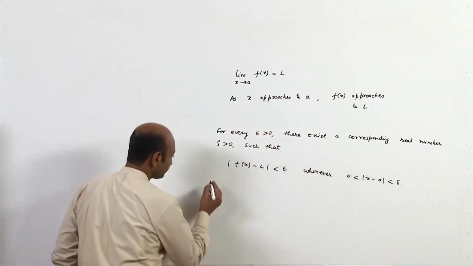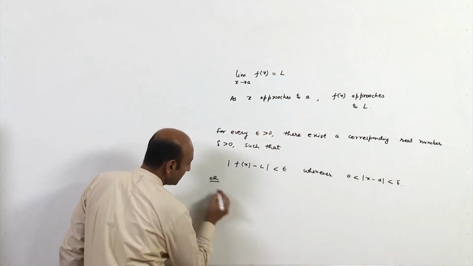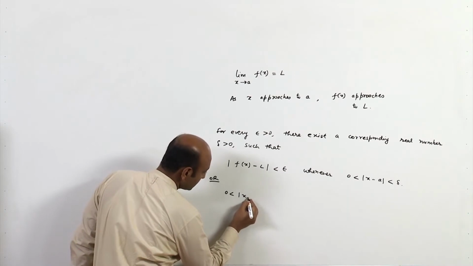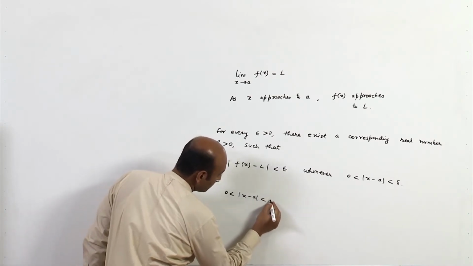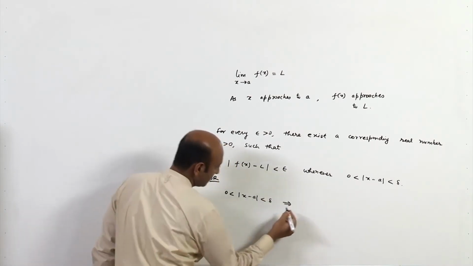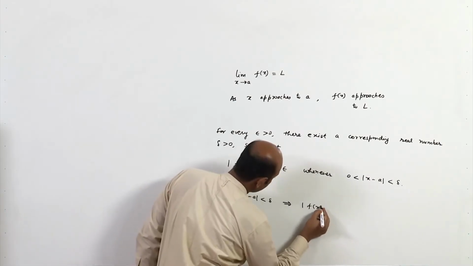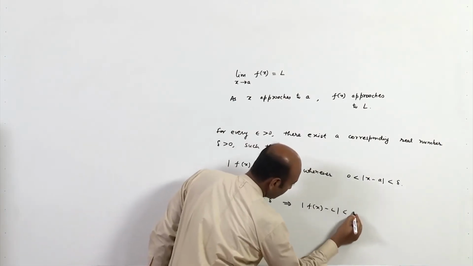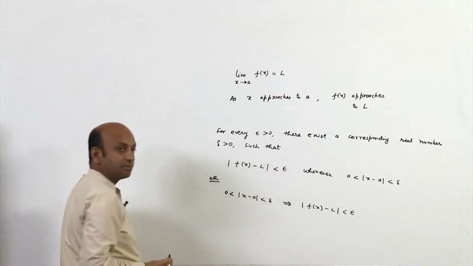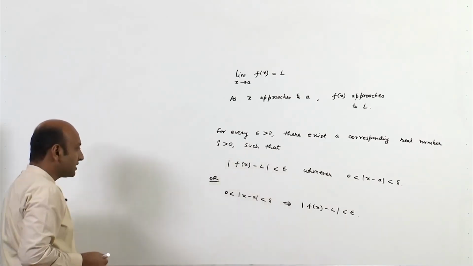Or we can say that this implies mod of f x minus L less than epsilon. Now what does this definition mean?